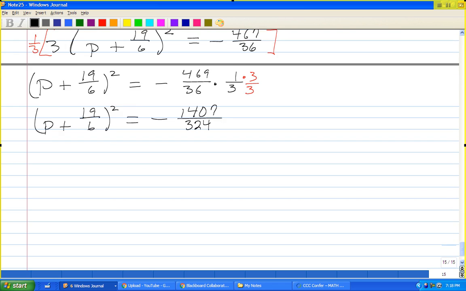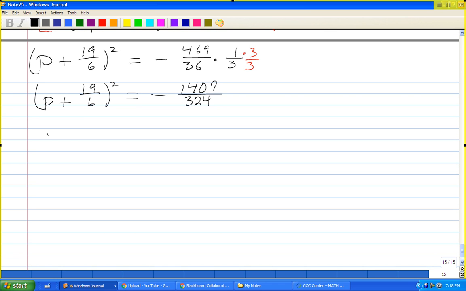And so by the square root property, I have that p plus 19 over 6 is equal to plus or minus the square root of negative 1407 over 324. Okay.